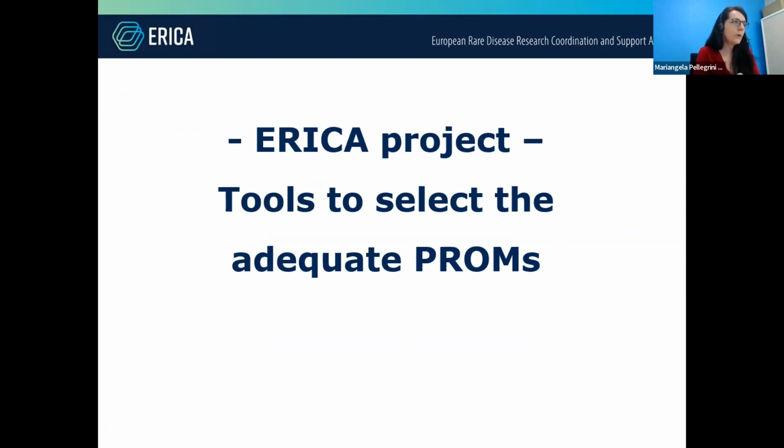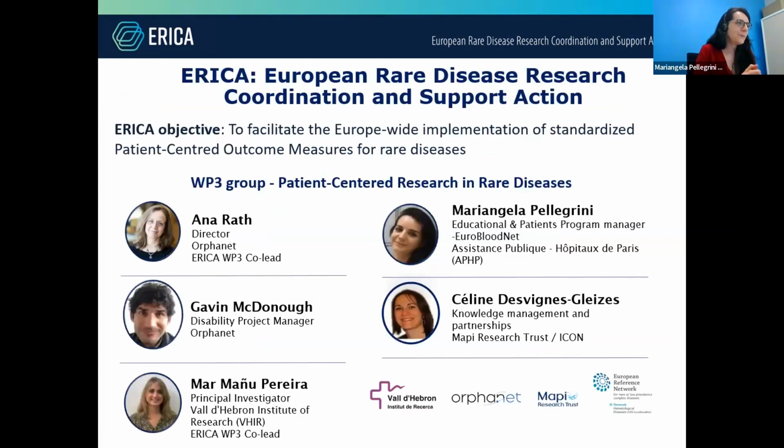So now we have seen why those are important also for advocacy itself. And now I want to talk to you about some tools that already exist within the ERICA project. As you can see, this is the team, three of the team are here today. It's coordinated by three organizations: Orphanet, MAPI Research Trust, and EURORDIS, represented by Celine, myself, and David today.